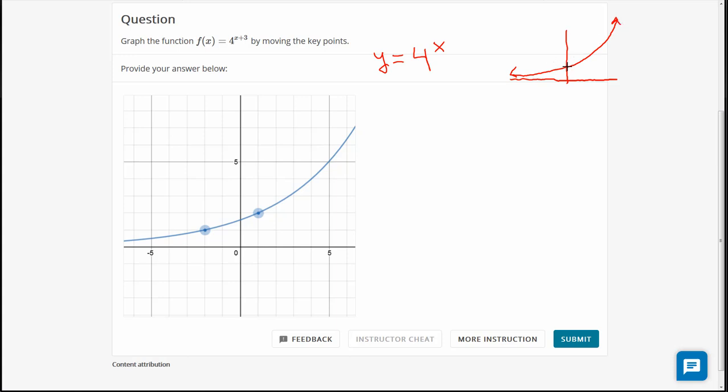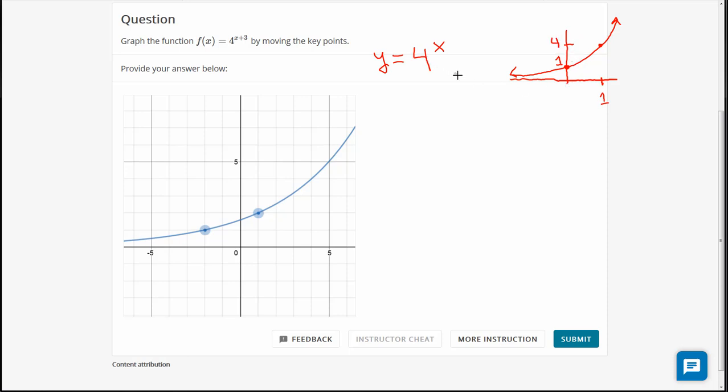There are two important points that are easy to find. When x is 0, I should get 1, because 4 to the 0 is 1. The other easy point is when x is 1, because then the y coordinate is just going to be 4.